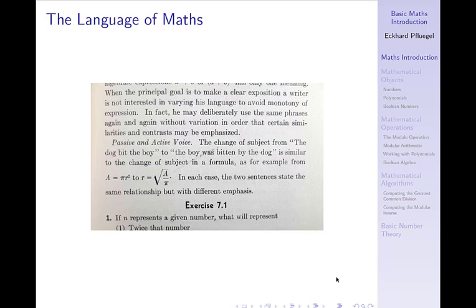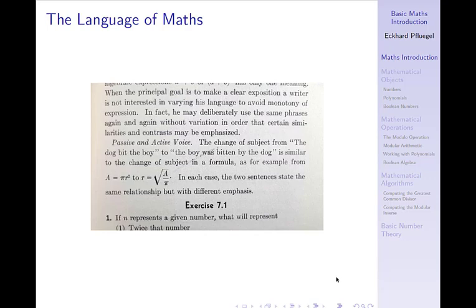So if you look at this example where you have a equals pi times r squared and compare this with r equals square root of a over pi, then you can see that in the first equation you might say this is directly expressing a as a function of pi and r. So it's kind of active voice.